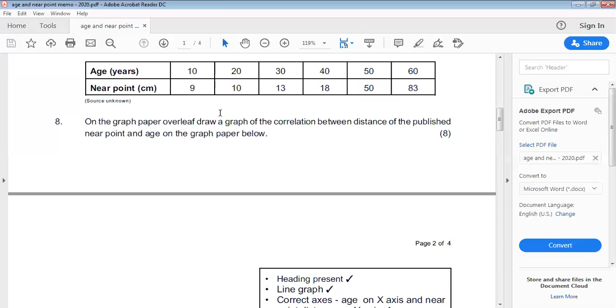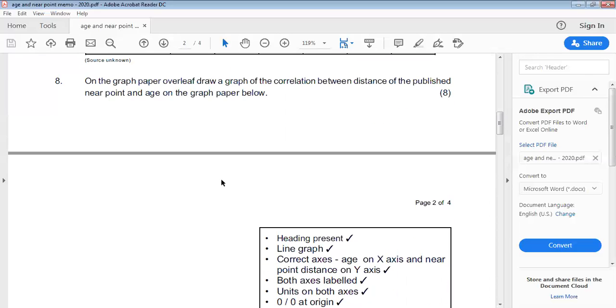So even although the graph starts at the origin, 0, 0, your line would only start at 10 years. The near point distance is 9 centimeters. So that would be your first point, and then the graph would go on from there.